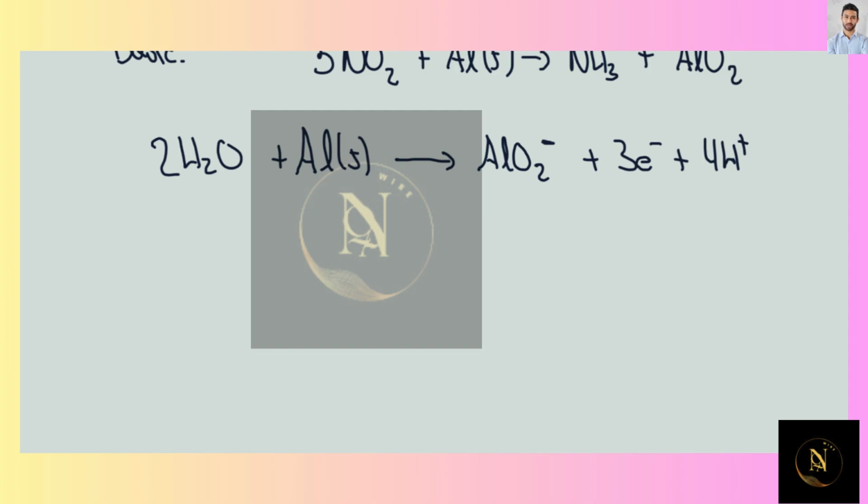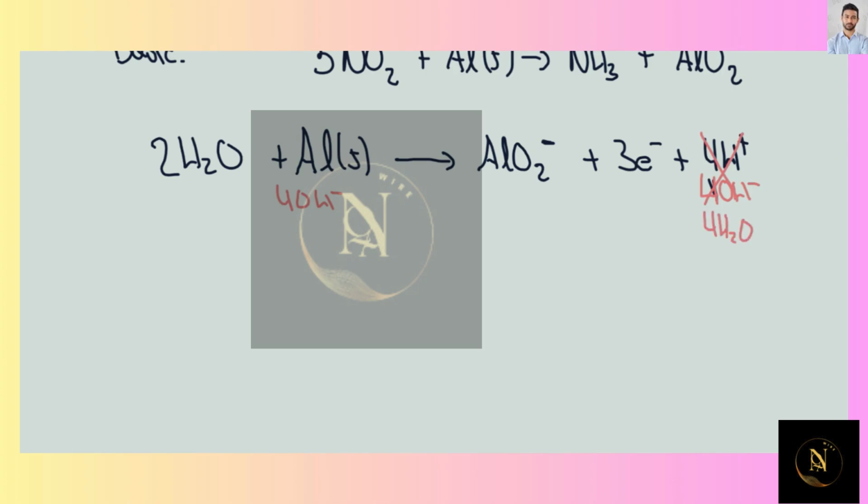Now, since we are in a basic medium, we need to add 4 OH minus on both sides of my reaction. So these 4 OH minus with the 4 H plus are going to react and produce 4 water molecules.